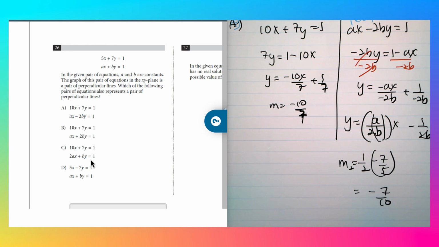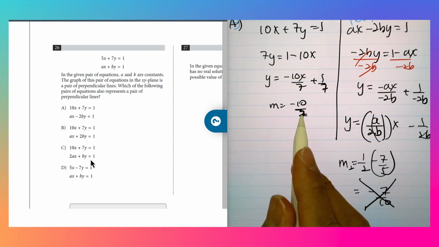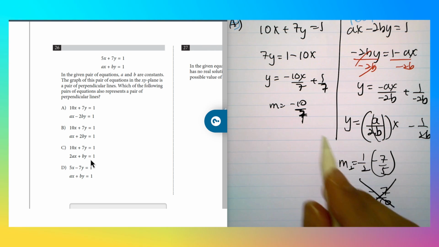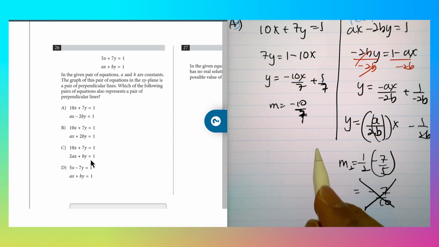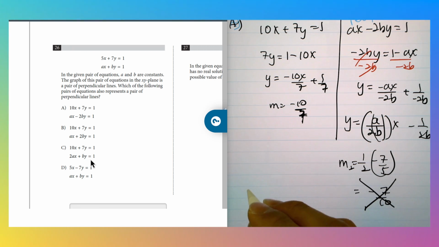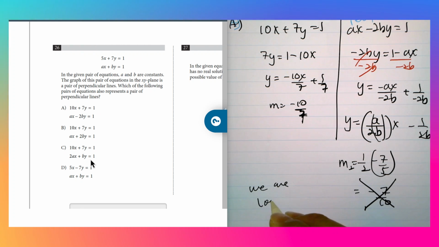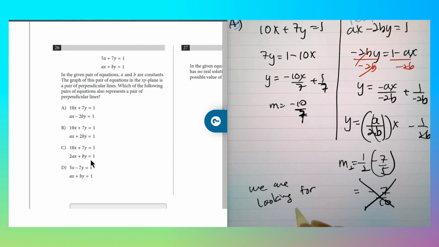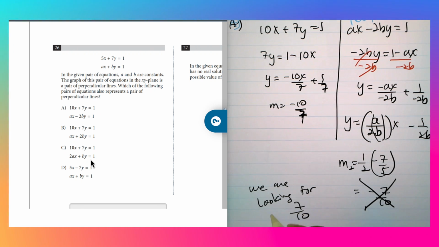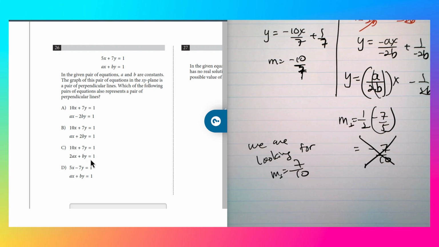Now this is not correct because this is negative 10 over 7, and the negative reciprocal of that would be 7 over 10. So we're looking for 7 over 10 for this. It's negative 7 over 10, so it doesn't work.